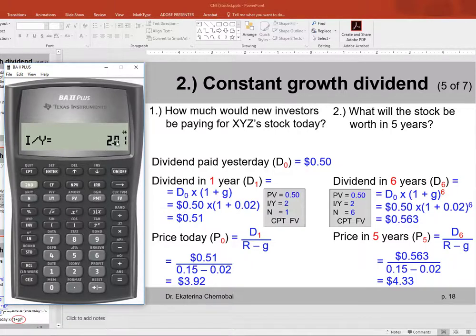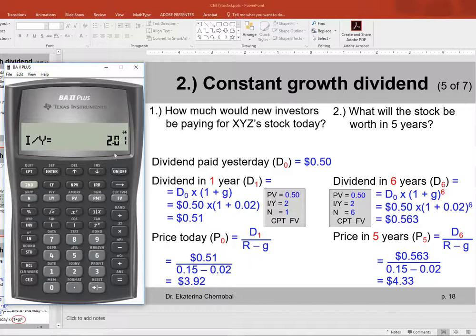It's a rounding error because I have rounded price 0 and price 5 used in my calculation. If I kept more numbers after the decimal place for price 0 and price 5, then on my display I would see 2.00, exactly 2% per year.